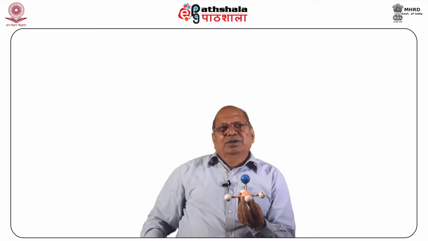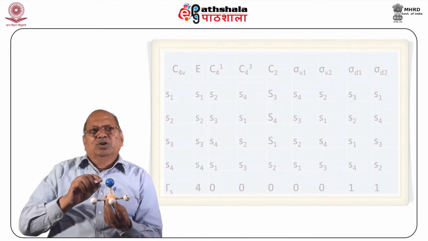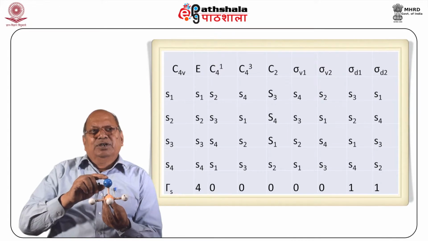Now, let us take the various symmetry operations E, C41, C43, C2, sigma V1, sigma V2, sigma D1 and sigma D2 and try to operate these on S1, S2, S3 and S4. Under the operation E, what happens to S1? S1 remains S1, S2 remains S2, S3 remains S3 and S4 remains S4.